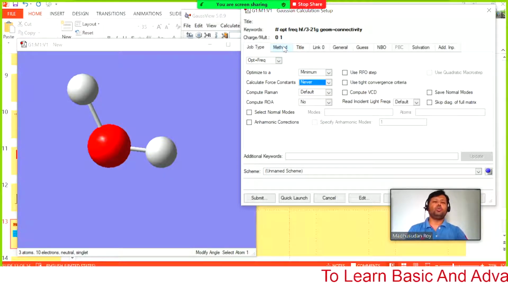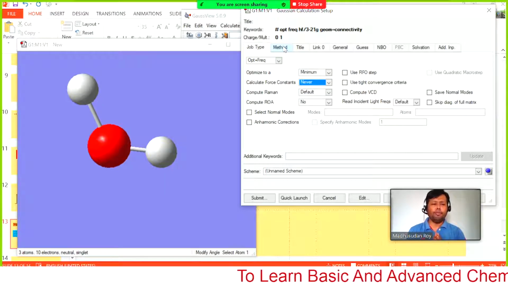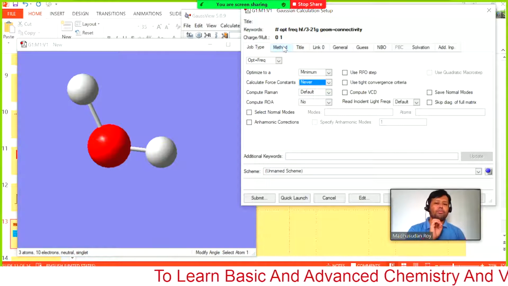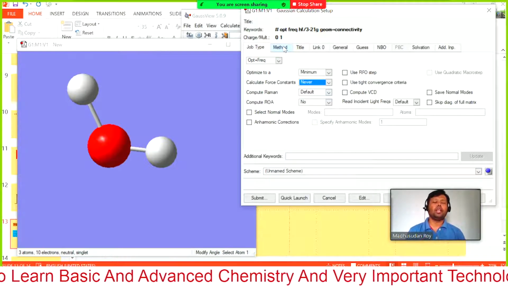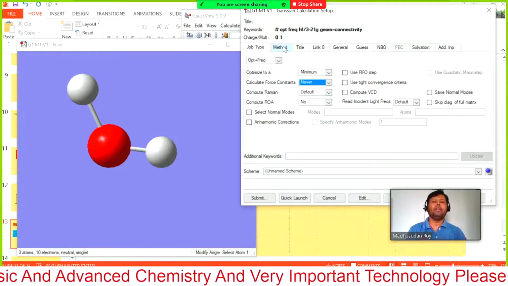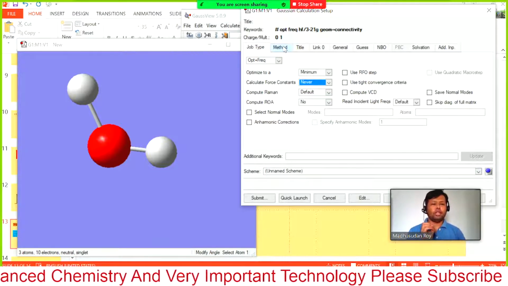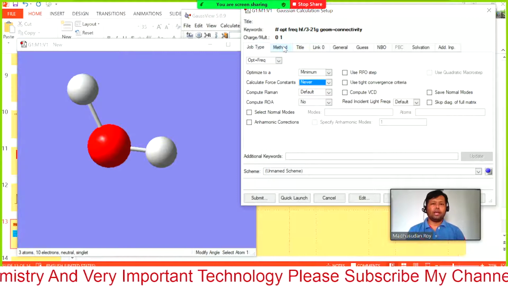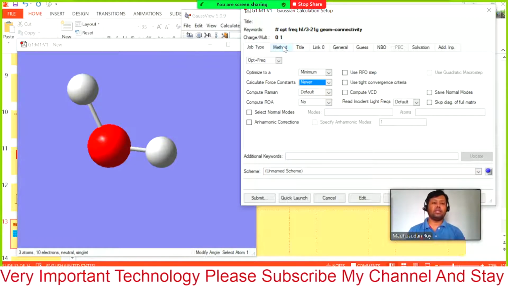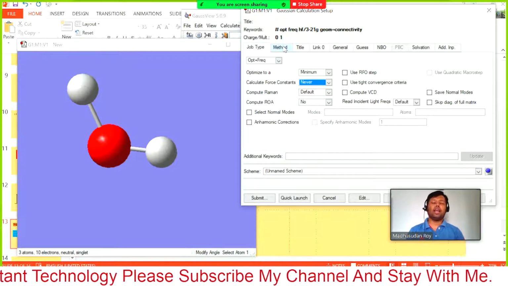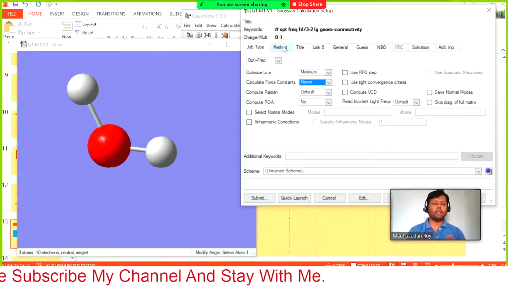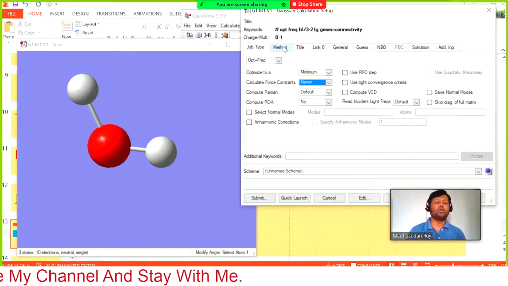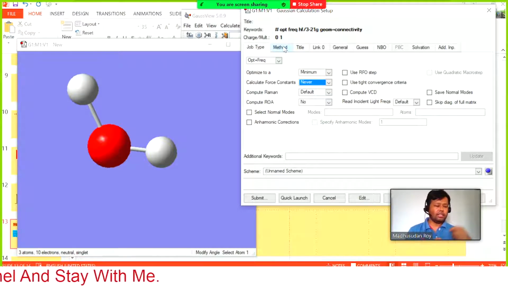If you want to spend a very short time, then you can allow the computer to perform that type of method, so it will take very short time and it will give some assumption but not very accurate. But if you want very high accuracy, in that case you can use a very high level and allow the computer to work with very high efficiency. In that case we can use different methods.